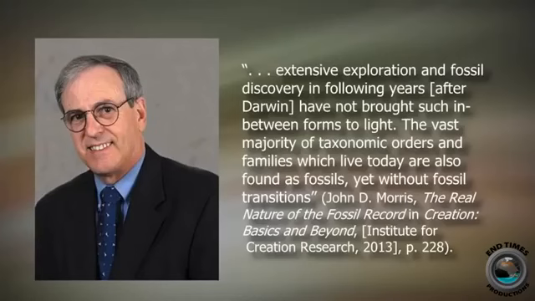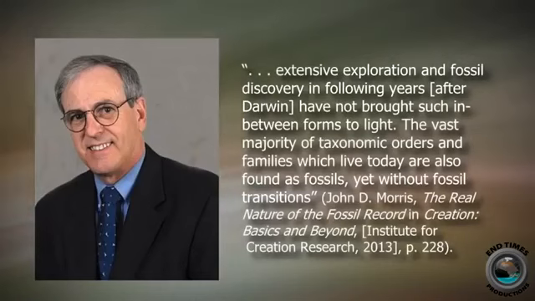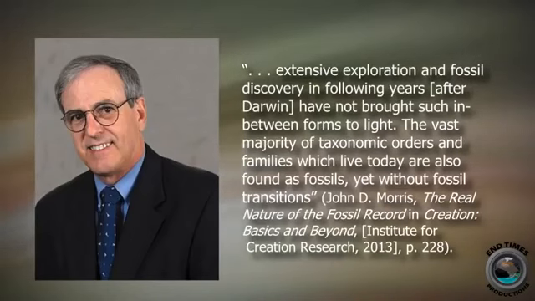John D. Morris notes, "Extensive exploration and fossil discovery in the following years after Darwin have not brought such in-between forms to light. The vast majority of taxonomic orders and families which live today are also found as fossils, yet without fossil transitions."